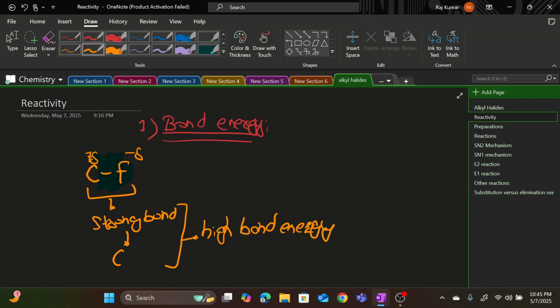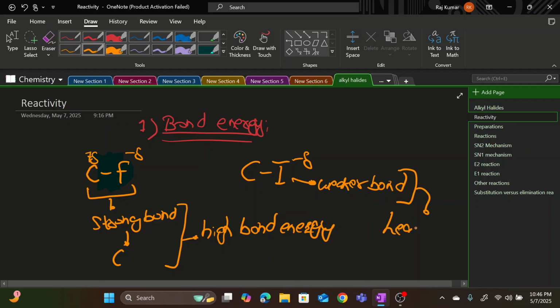Now if you compare it with its counterpart, alkyl iodide, iodine has the least electronegativity among the halogens, so it makes a weaker bond with carbon, which means it has the least bond energy. Because it has a weaker bond, it is easier to break, so less energy is required.